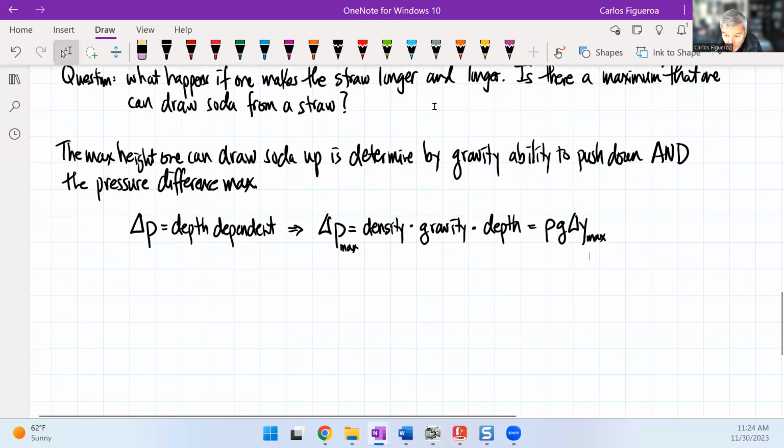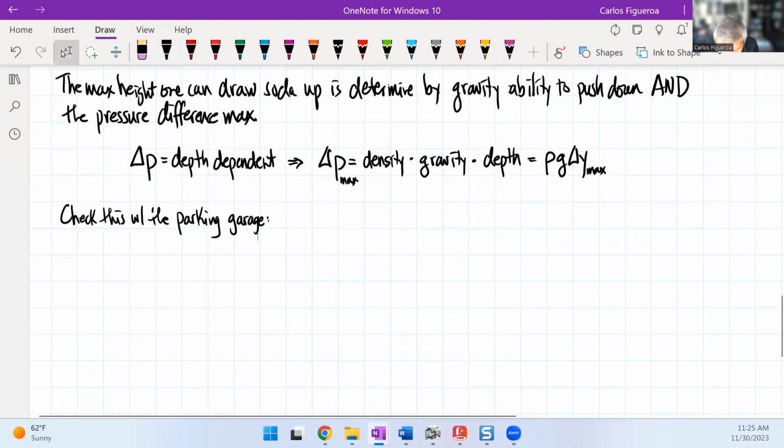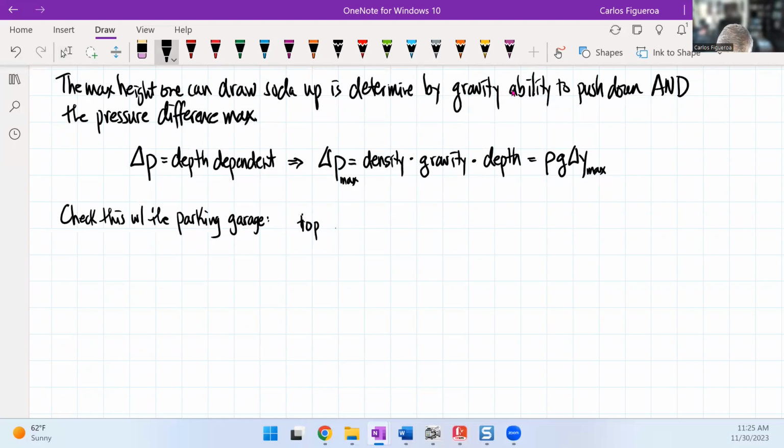So the way we want to do this today is that we want to check this with the parking garage. And the way we want to deal with the parking garage is that we have a long straw. If you're at the top of the building, there's a balcony where you can actually tie the tube.